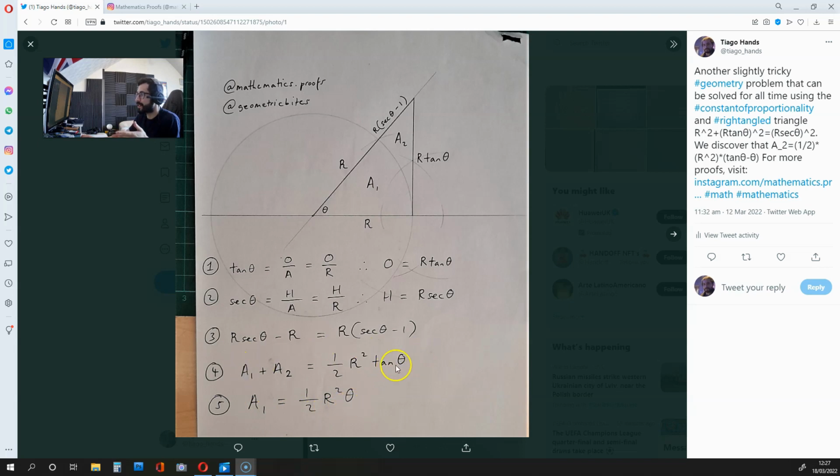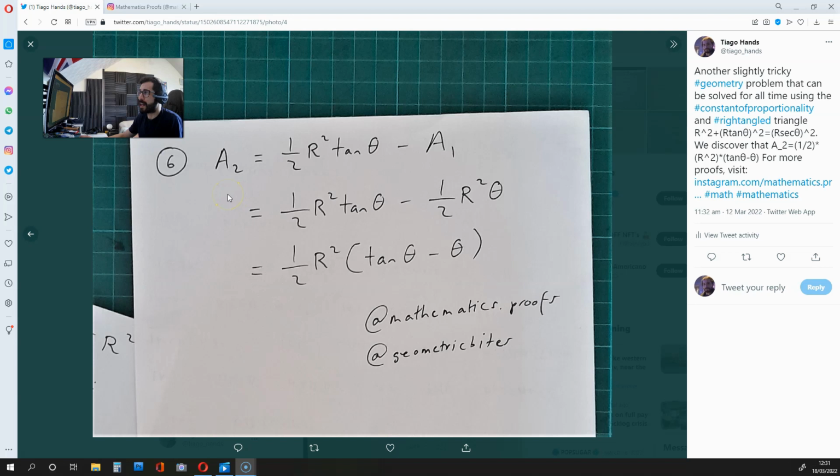We also have this equation over here. If we plug A1 into this equation, what we can do is isolate A2 to get this area up here. So if we isolate A2, we get half r squared times tan theta minus A1.